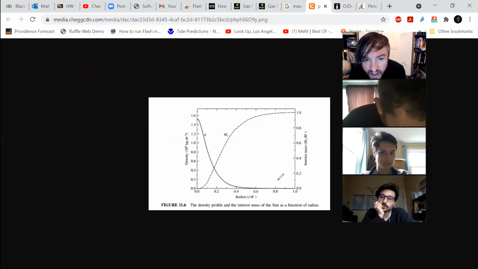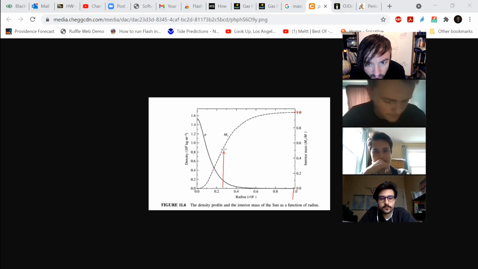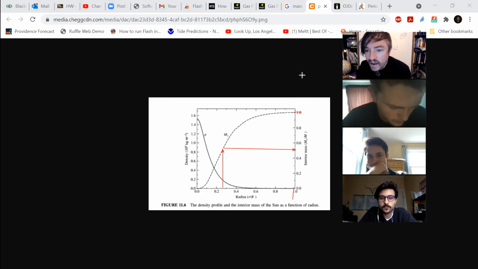Okay, so at 1 solar radius, we contain the entire mass of the sun, right? But if we go down to the core, 25% or so, what fraction of the sun's mass do I contain? Well, half. Holy shit.